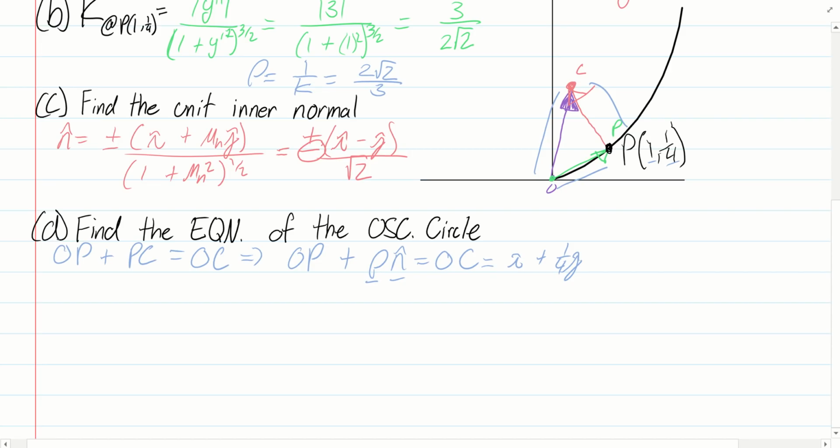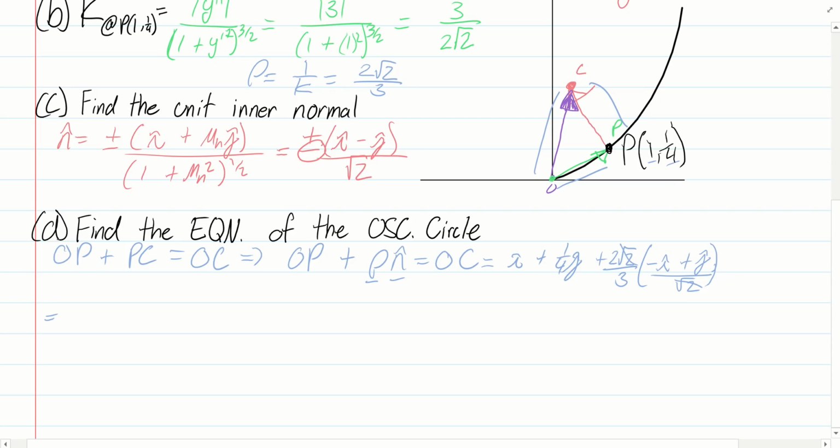So rho, remember, was 2 root 2 over 3. And then n hat, we chose the negative version of this, so it's going to become negative i plus j over square root of 2, which is nice because it cancels out the root 2's. And now we can go ahead and solve for it.